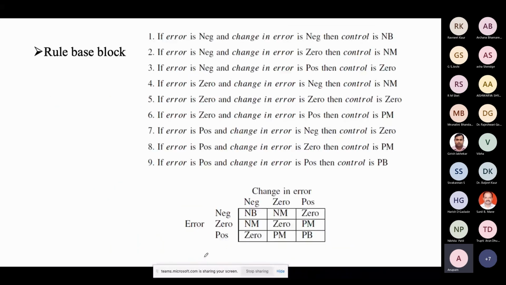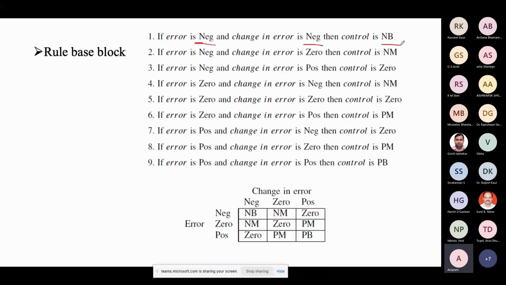And what is the rule base? Suppose we talk about two inputs. Mostly in controller design with fuzzy logic applications we use two inputs; with more than two inputs it becomes very difficult to handle, right? That's why in the literature we mostly talk about two inputs only. For example, if the error is negative and the change in error is negative, then the output is NB, right?